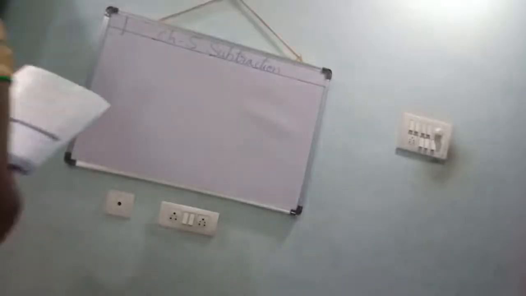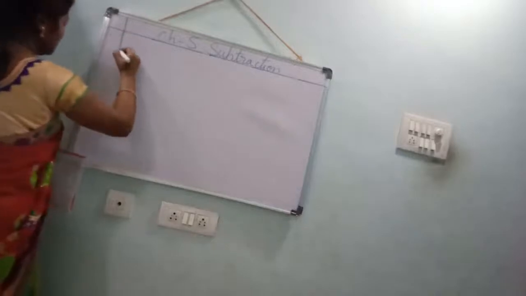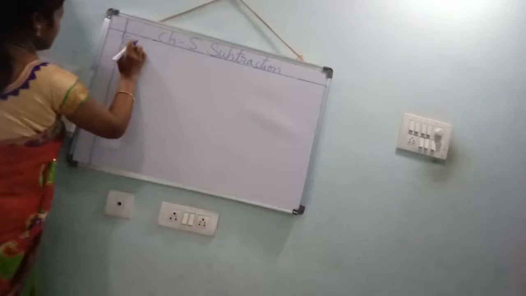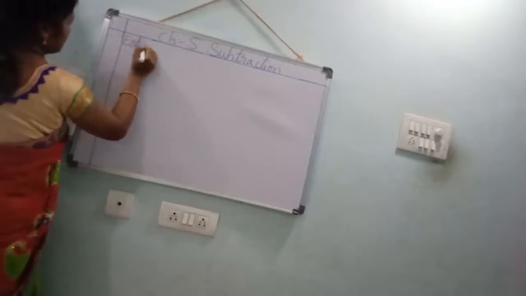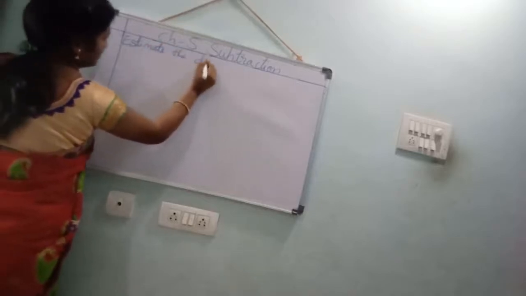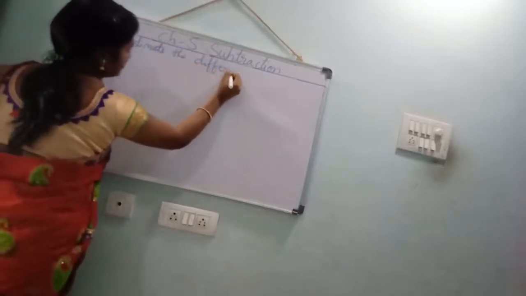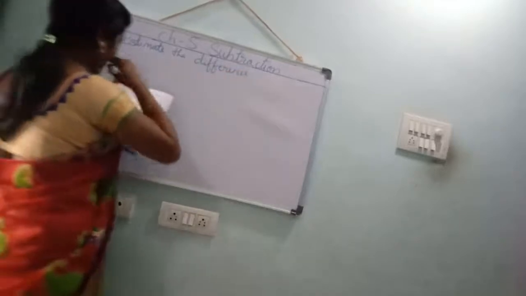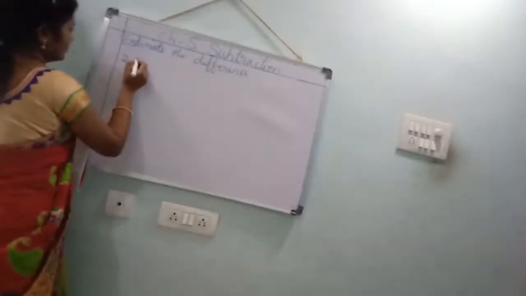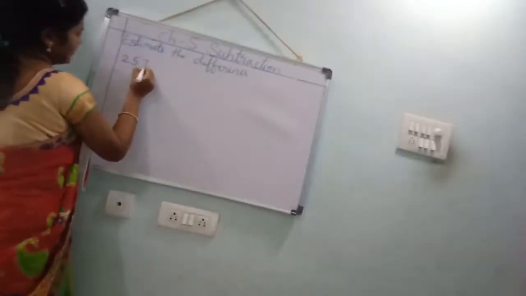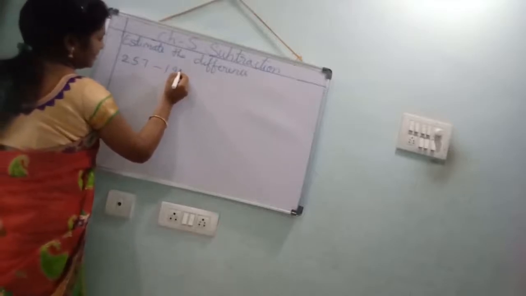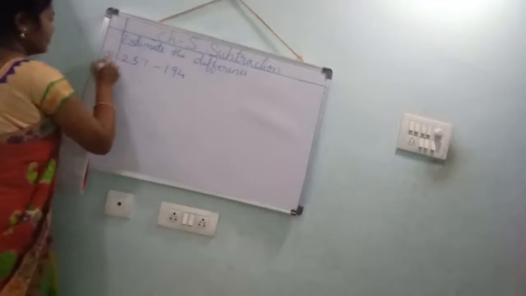You learned 2-digit numbers in estimating the difference, now 3-digit numbers. Estimate the difference. See, 257 minus 194. Okay. What do we have to do?